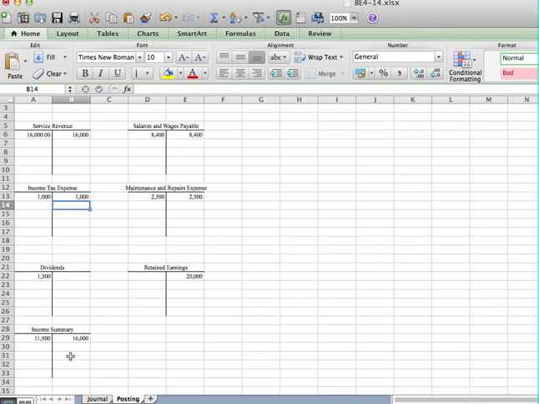So now we can see what the balance in income summary is, whether it's a debit or credit, and then how much. When we take $16,000 minus $11,900, we have a balance of $4,100 credit. So to close our income summary account, we will need to debit $4,100 and credit retained earnings.